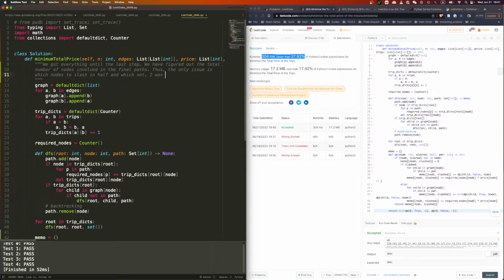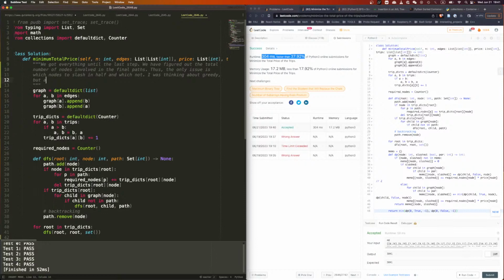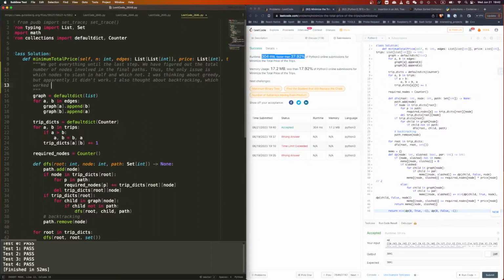I was thinking about greedy, but apparently it didn't work. I also thought about backtracking, which worked, but had complexity of 2 to the n.